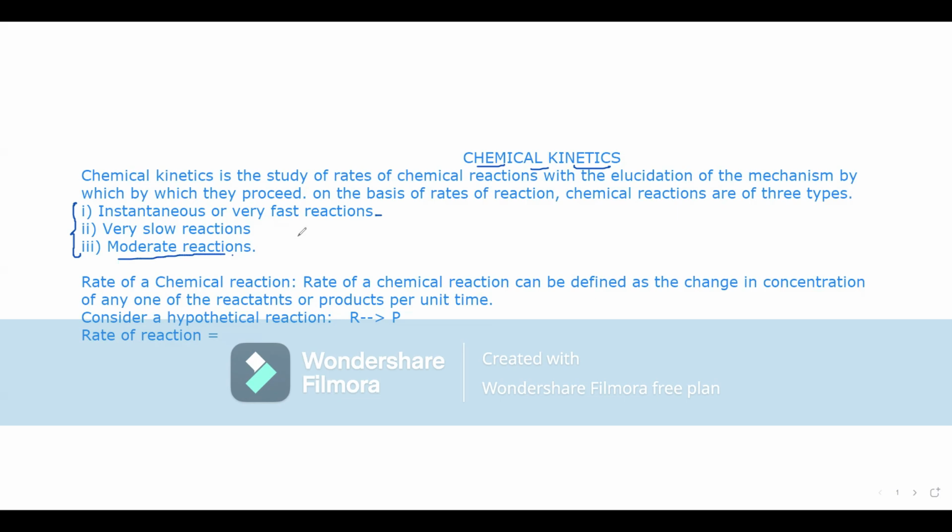Most of the reactions, all of our organic analysis, all those are examples for moderate reactions. Every organic chemistry experiment that you do in the lab is an example of a moderately paced reaction. Hydrolysis of ester, decomposition of hydrogen peroxide also is a moderately paced reaction.